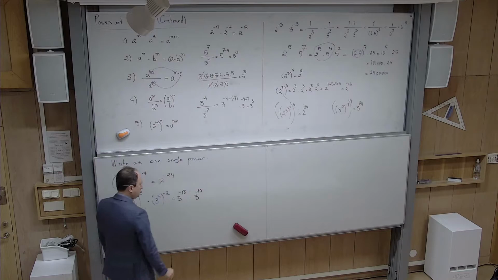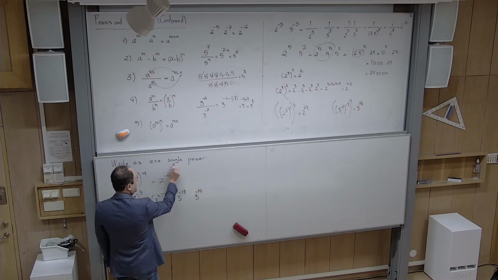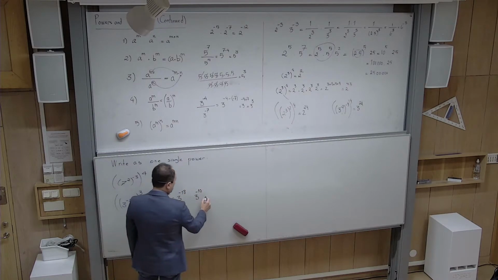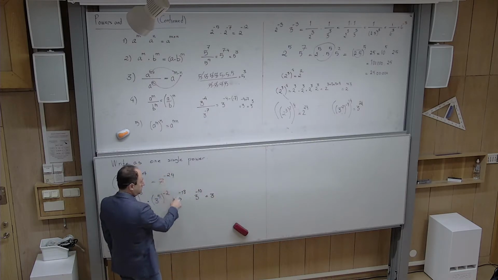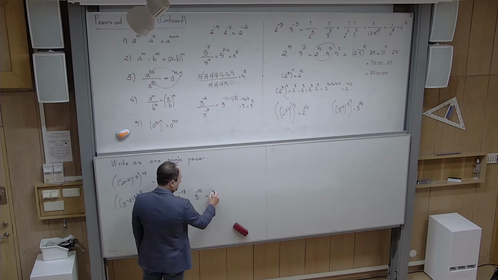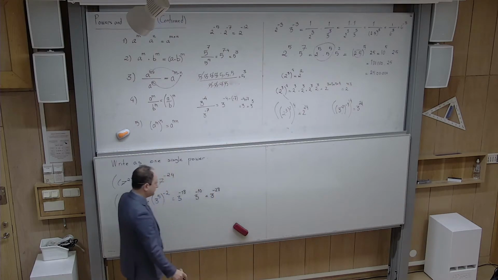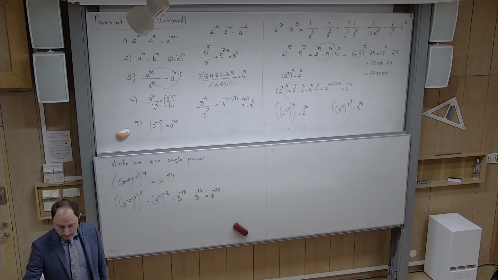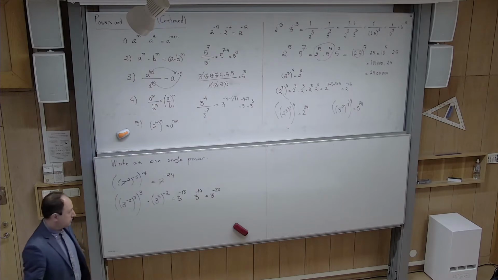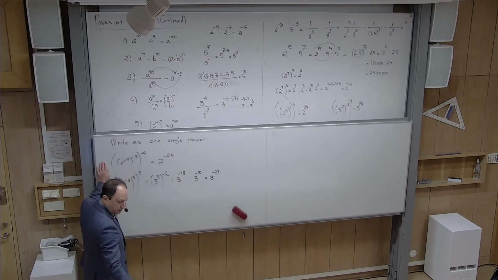And then of course you shouldn't stop here, because I have one single power, so if possible you have to continue. And that is the first rule that I am using. So this is how much? Minus 28, thank you. Okay, let us make it a little bit nicer questions. I'm sure that you can solve it. So this is another example.